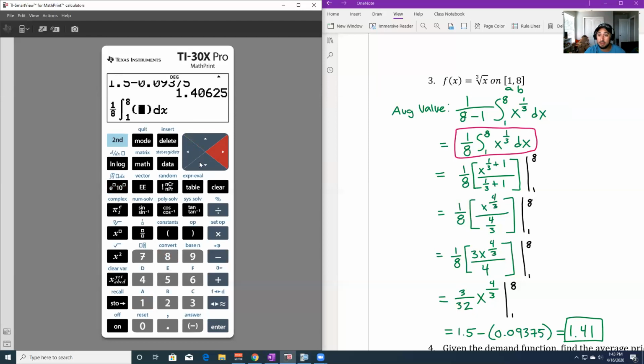So I have it as x to the 1/3. So x raised to the fraction of 1/3. 1.406 or 1.41. Boom, boom, boom, boom, boom. Perfect. Okay. Now we graph.